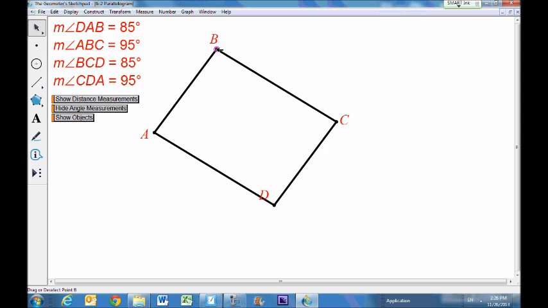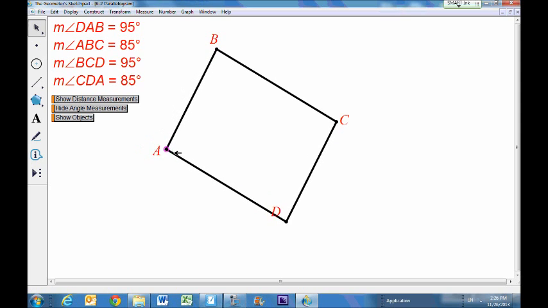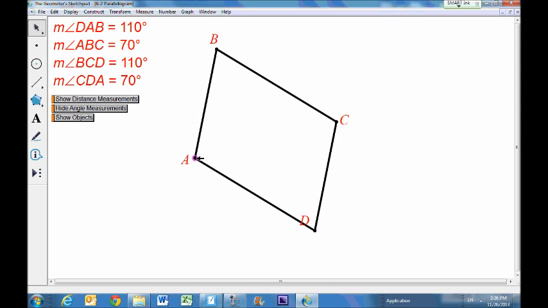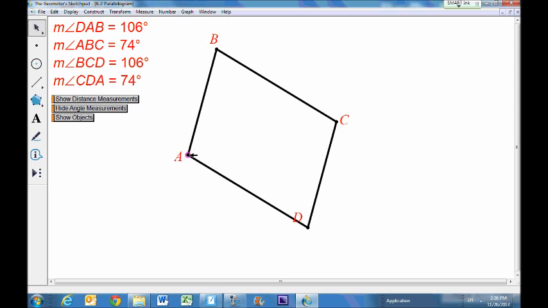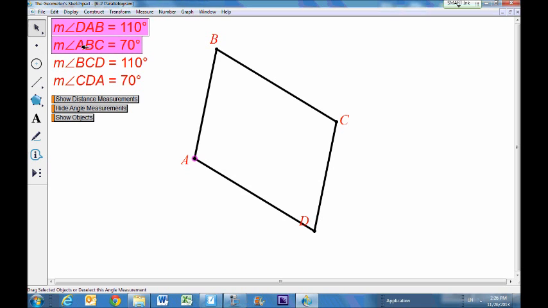Okay, the other thing to notice, let me find a good angle measure to look this up. There we go. The other thing to notice is that A and B will add up to be 180, and C and D will add up to be 180, and D and A. So the consecutive angles, the angles that are next to each other, will add up to 180.